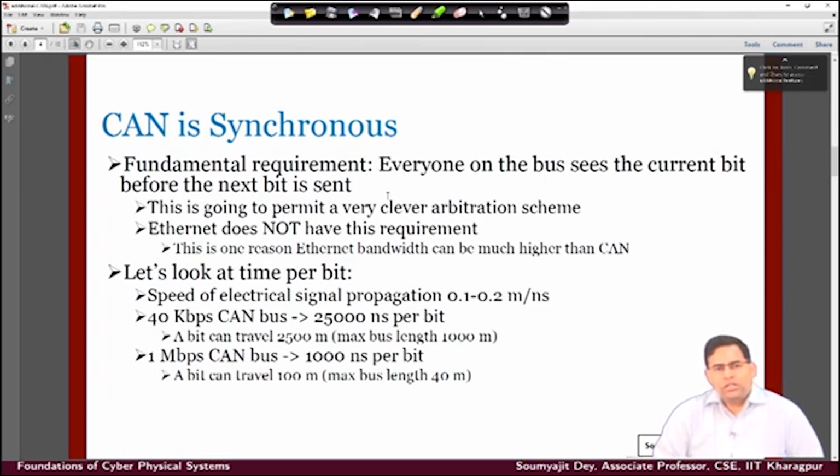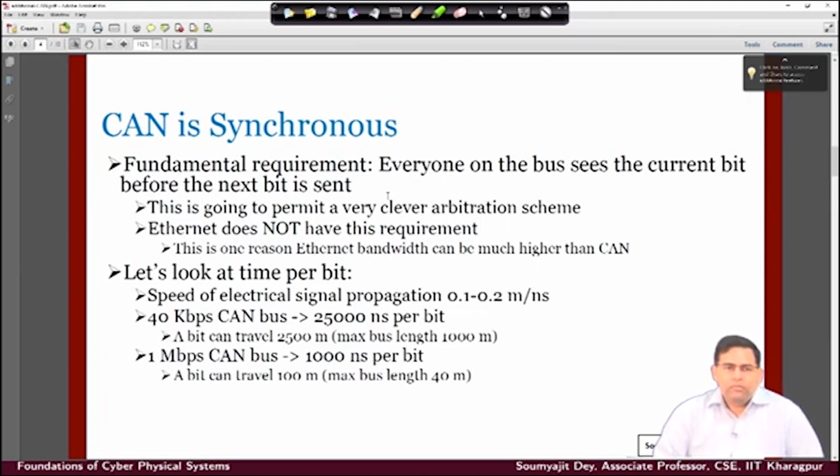So for each bit the amount of time reserved is 25,000 nanoseconds. Inside this 25,000 nanoseconds, the distance that the bit may travel limits the physical length of my cable. As per the speed of electrical signal we discussed, a bit can travel 2500 meters. So we will keep a bus length less than half of that, so that this delay doesn't create any problem, right?